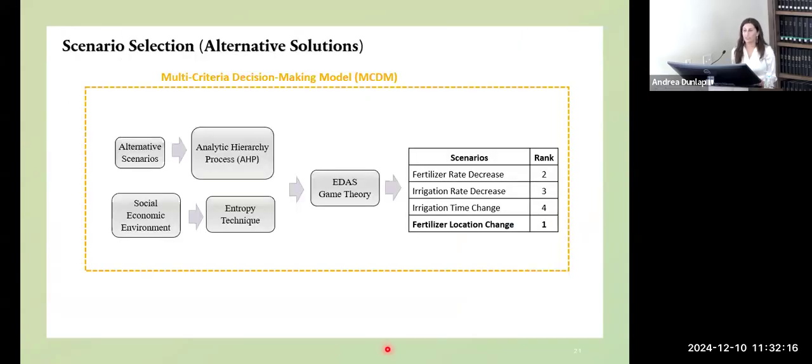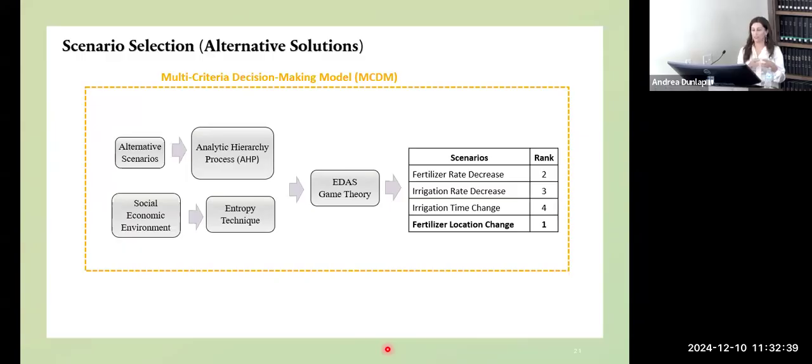After doing this, we used a multi-criteria decision-making model, which is called MCDM. What these management-type models do is allocate weights to the indices that we want to look at.